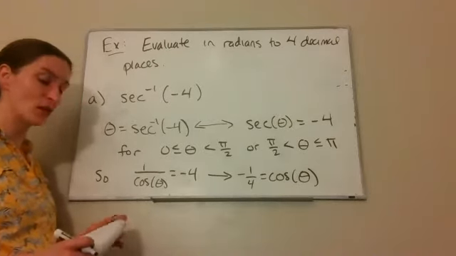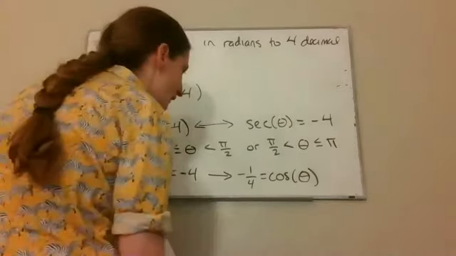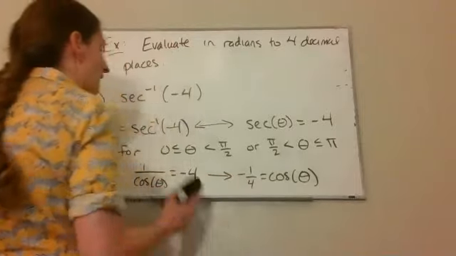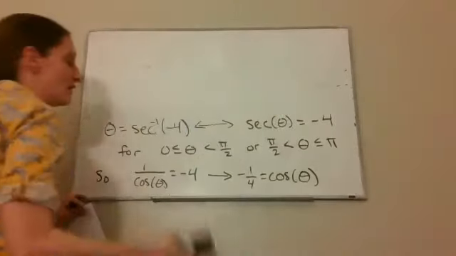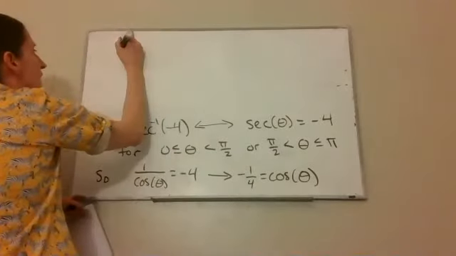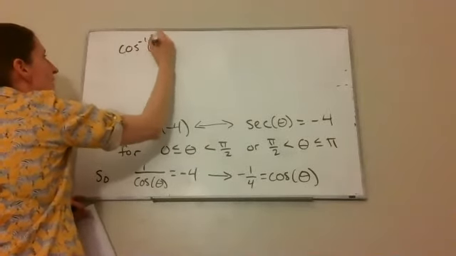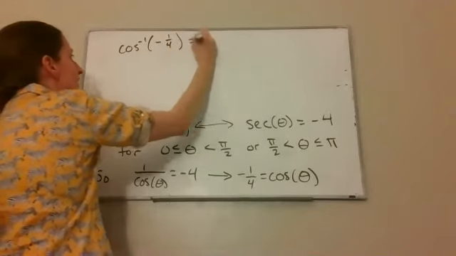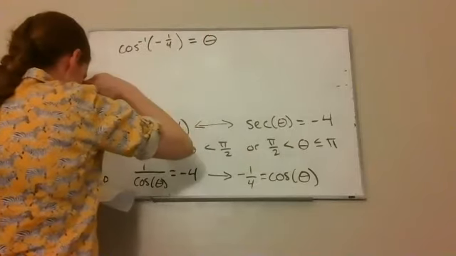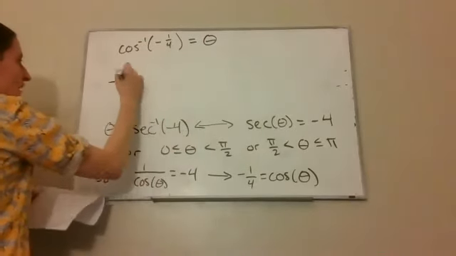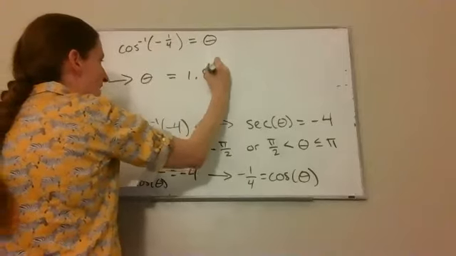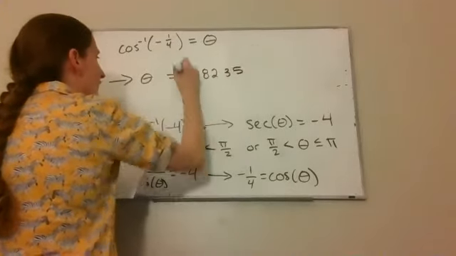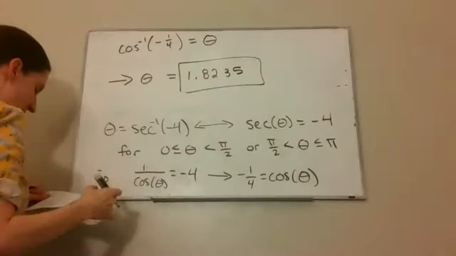But I do have an inverse cosine button. So from here, cosine of theta is -1/4. So let me take cosine inverse of -1/4 is equal to theta. And if I type that into my calculator, I get theta is 1.8235 to 4 decimal places.